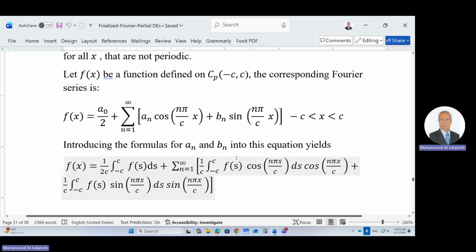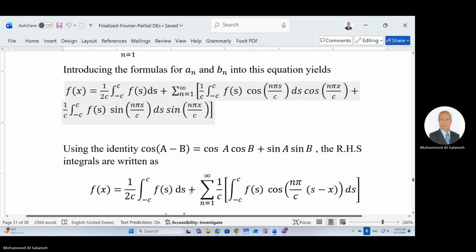I put s inside the integral instead of x, so we do not have any confusion. Plus b_n, which is 1 over c integration from minus c to c of f of s sine n pi s over c ds, times the sine as it is here, sine n pi x over c.